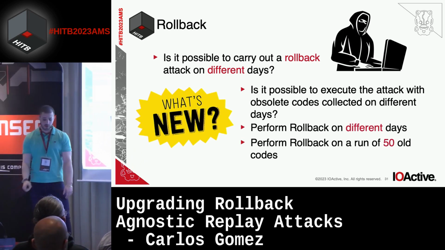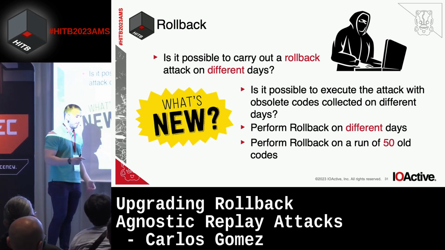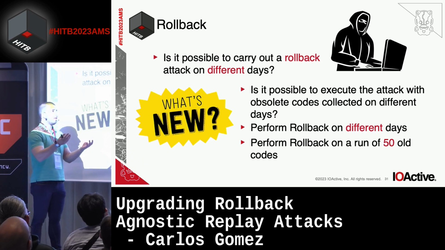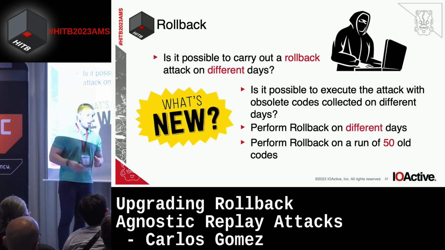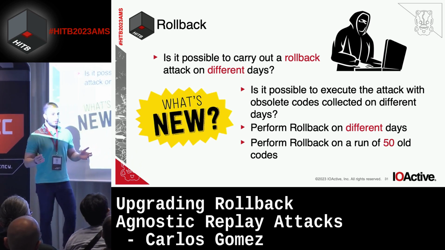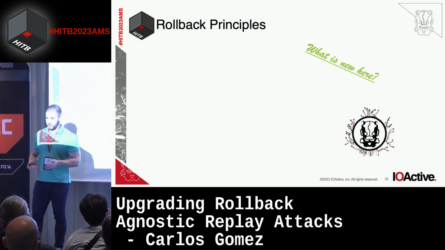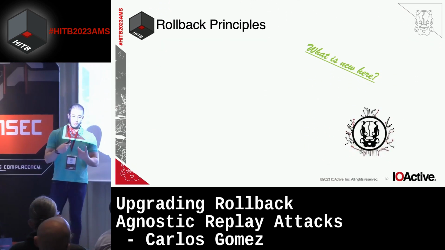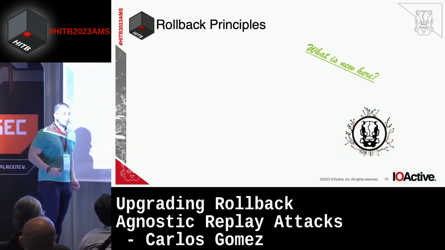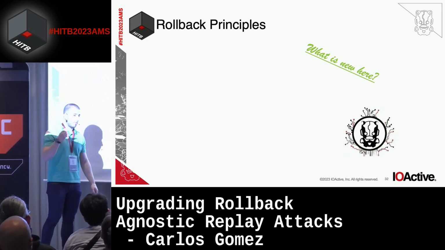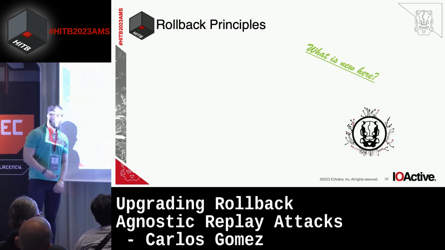I discovered that you can perform this attack on different days and with different types of code. Imagine that you grab 50 codes of a car and you replay 1, 2, and 40. The car is going to open. This is the power of these techniques, and this is what we need to worry about, because you don't need to interact with the owner. You just plant a device under the vehicle, grab the signals, analyze them at your house, go another day, in four months, and execute.